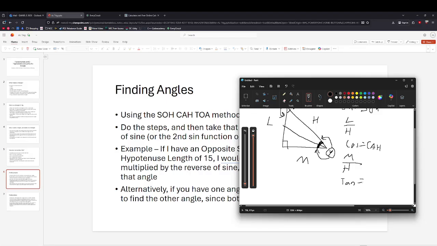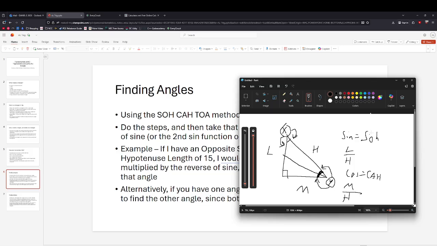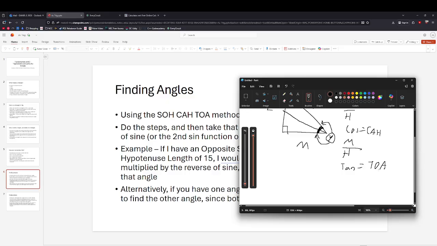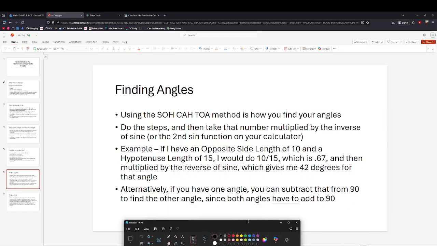Now your tangent is opposite over adjacent. That's okay. That's how they intend for you to remember it, is TOA, but again, it can be tricky. But yeah, anyways, this is L over M. So the way that this works, and the only way that this does work for you, is if you know the lengths of your sides.